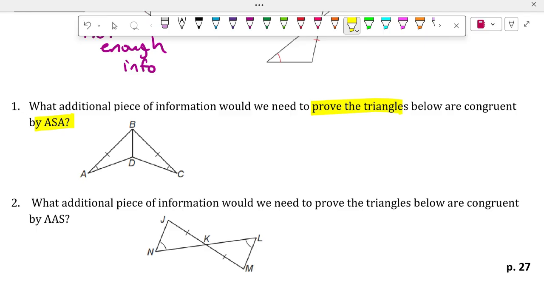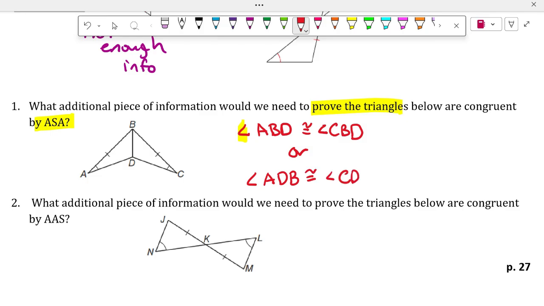You can either add on angle D or angle B. Either one of those. So you can either show that angle ABD is congruent to angle CBD, or you can show that angle ADB is congruent to angle CDB.